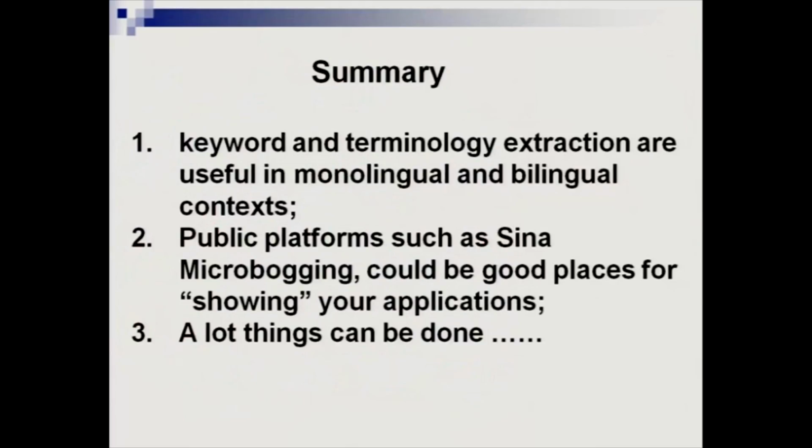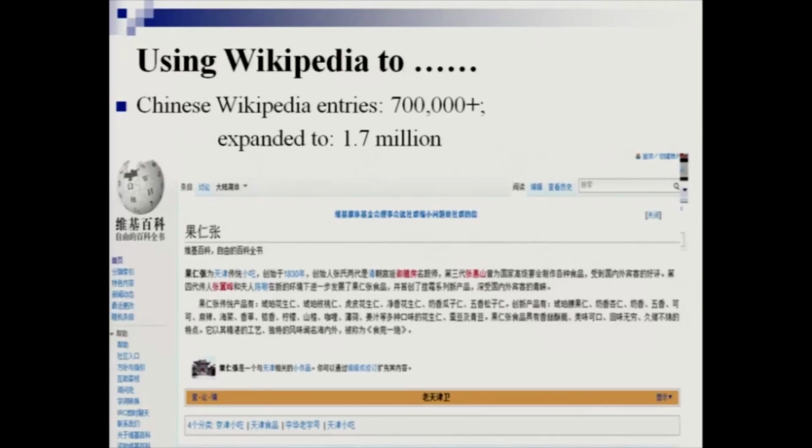So, summary. Keyword and terminology extraction are very useful, either in a monolingual or bilingual context. Public platforms such as Sina microblogging or Apple app shops could be good places for showing your applications. We still have a lot of things to be done. For example, we found Wikipedia is a very useful resource for doing lexical studies for Chinese.